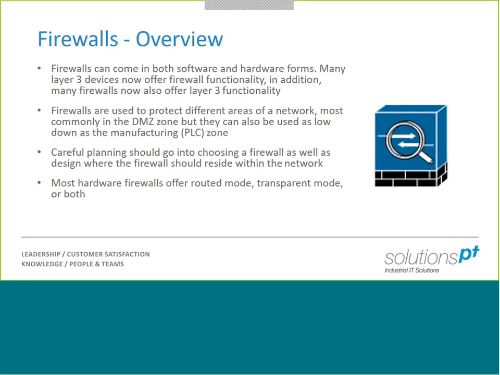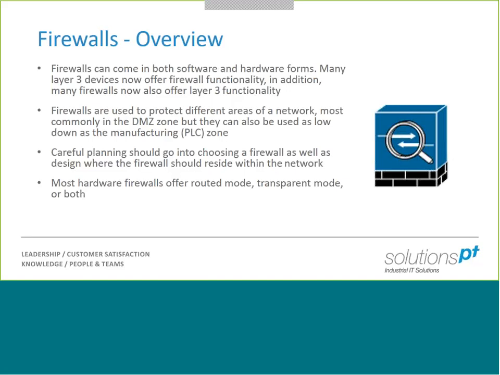So they're used to protect different areas of a network, and most commonly you might see them in the DMZ zone. So you might see one after your internet connection before it hits the rest of the network, a perimeter firewall perhaps, if you will. But you can also have them further down in the network, as low down as, you know, where your PLCs are.